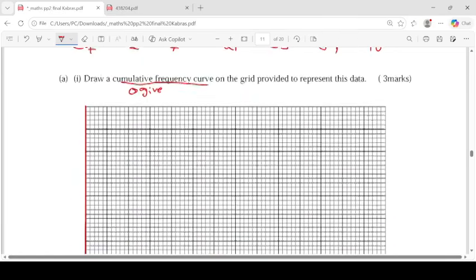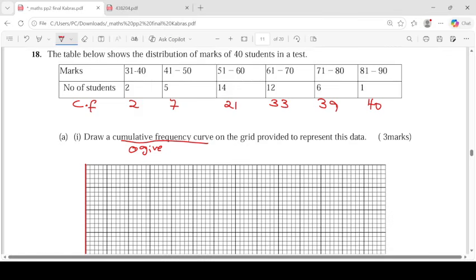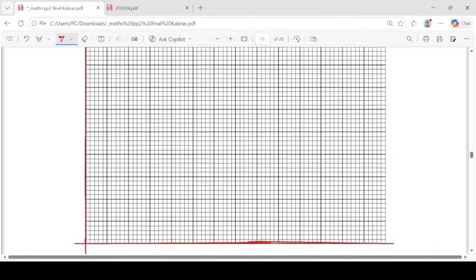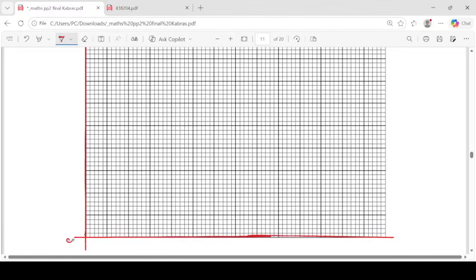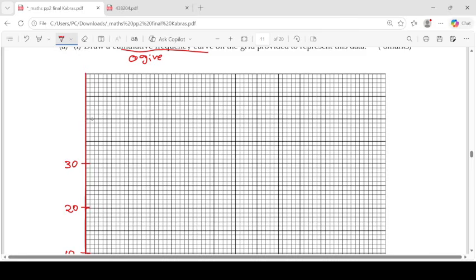So it goes from 0 all the way to 40. On the y-axis, that is the cumulative frequency curve, I can go with intervals of 10. So I know this is 0. I can have here 10, 20, 30, maybe here 40.